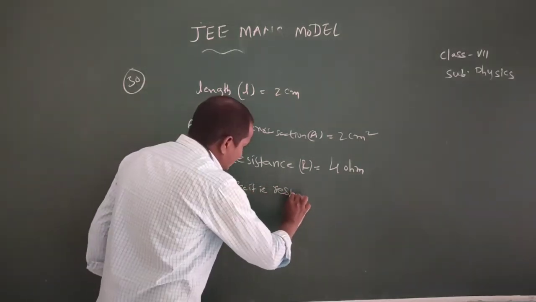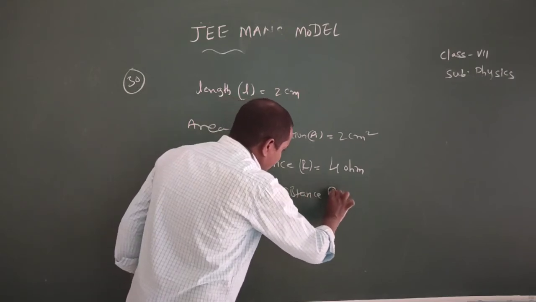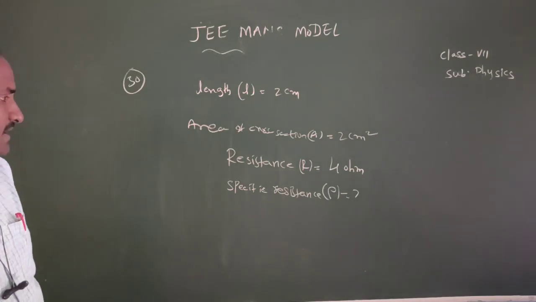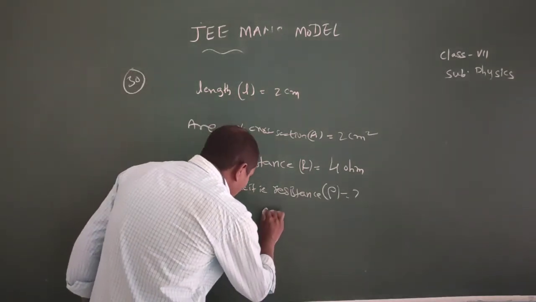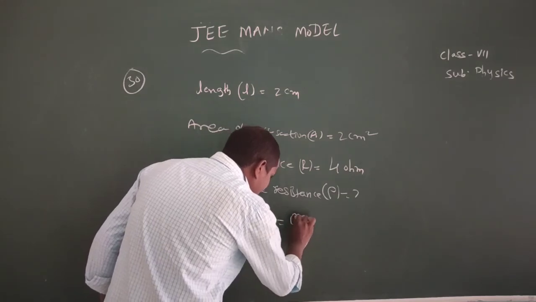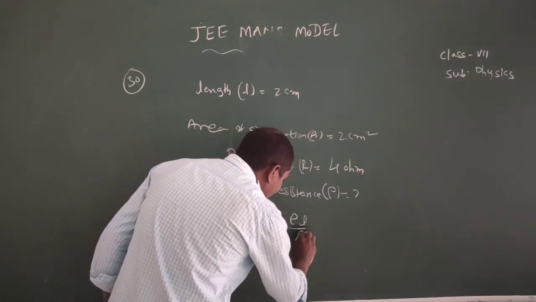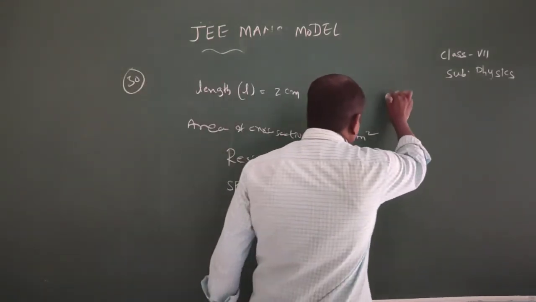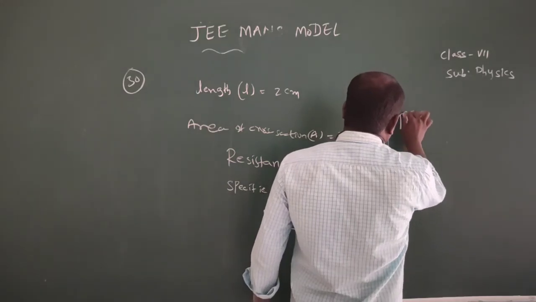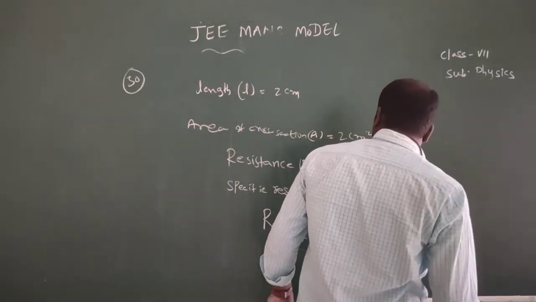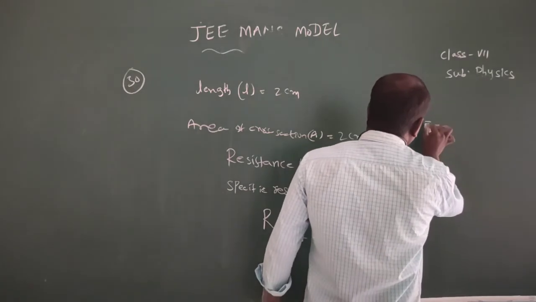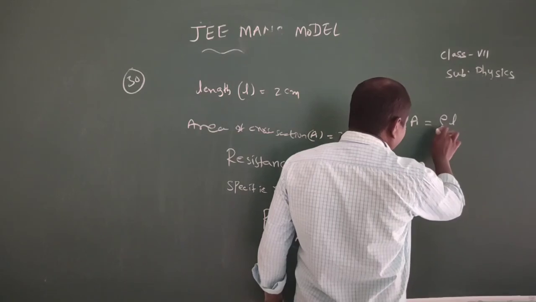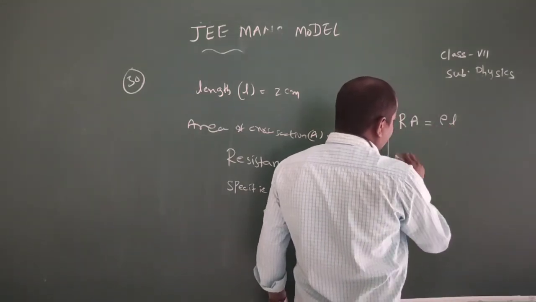Specific resistance rho equals how much? So from the laws of resistance we can write R equal to specific resistance into L by area of cross section. Doing cross multiplication, R into A, means resistance into area of cross section, equals specific resistance into L. Our aim is to find the specific resistance, so L coming to this side, that is by.